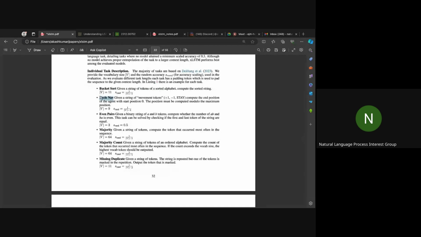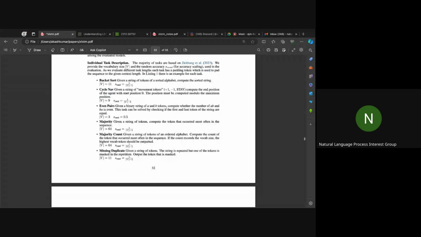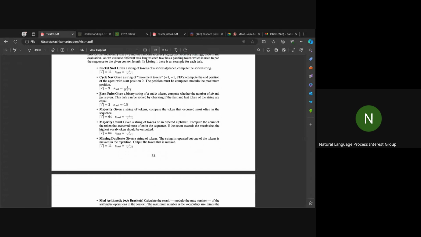Cycle navigation is a task where you are given instructions like move left, right, or center, and then you have to predict the final position of the agent. Other tasks include even pairs, where given a binary string of A and B tokens, you have to compute whether the number of AB and BA tokens is even.